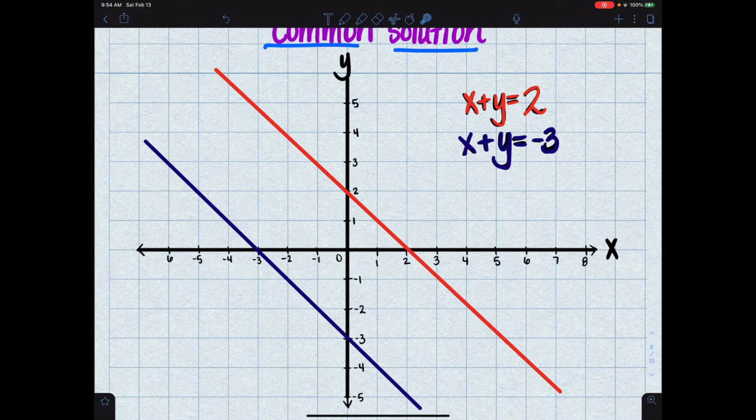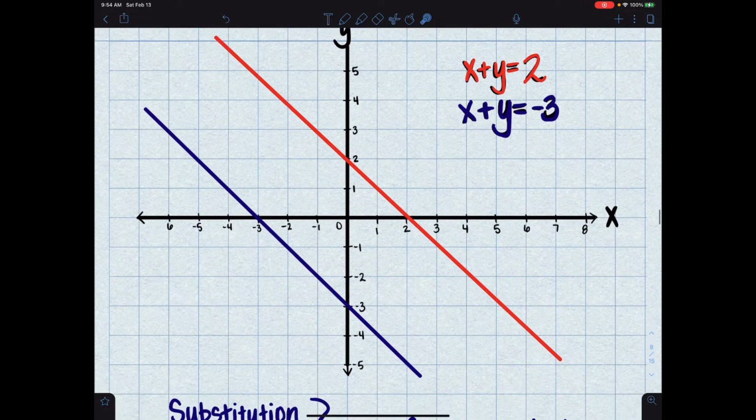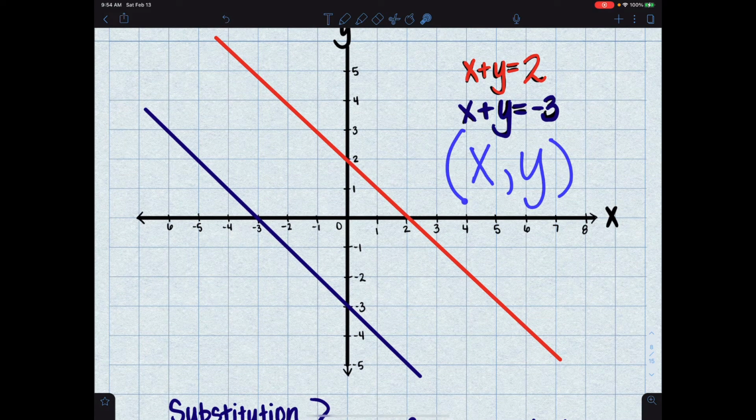All right, so let's see. From the figure, we see that the lines appear to be parallel. They don't intersect. If they don't intersect, you can't find an x and a y that would work for both equations. And there are ways to try, remember?